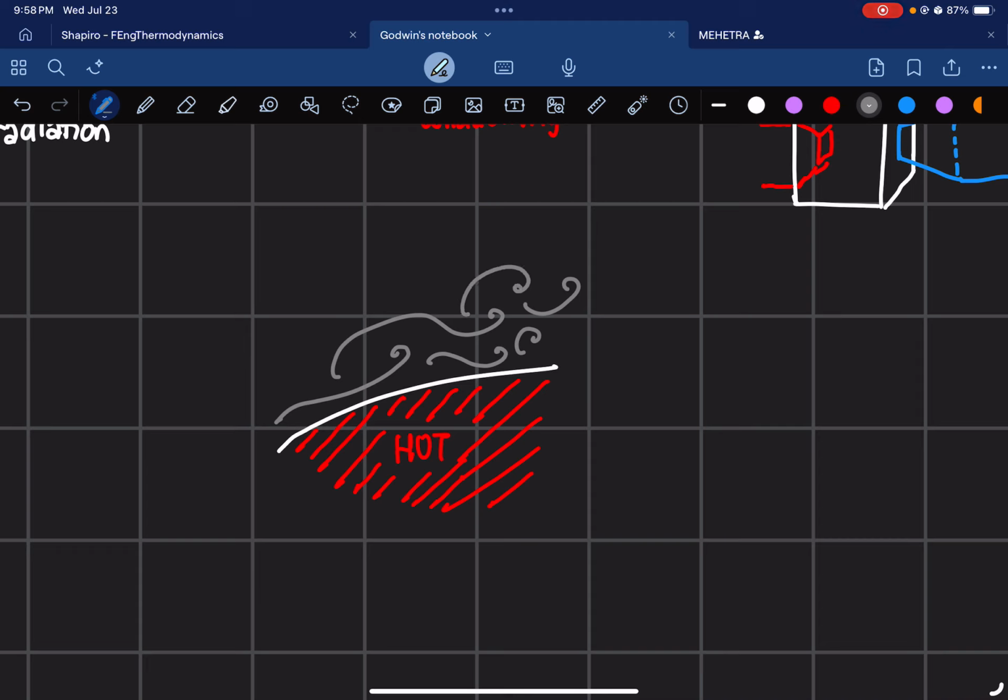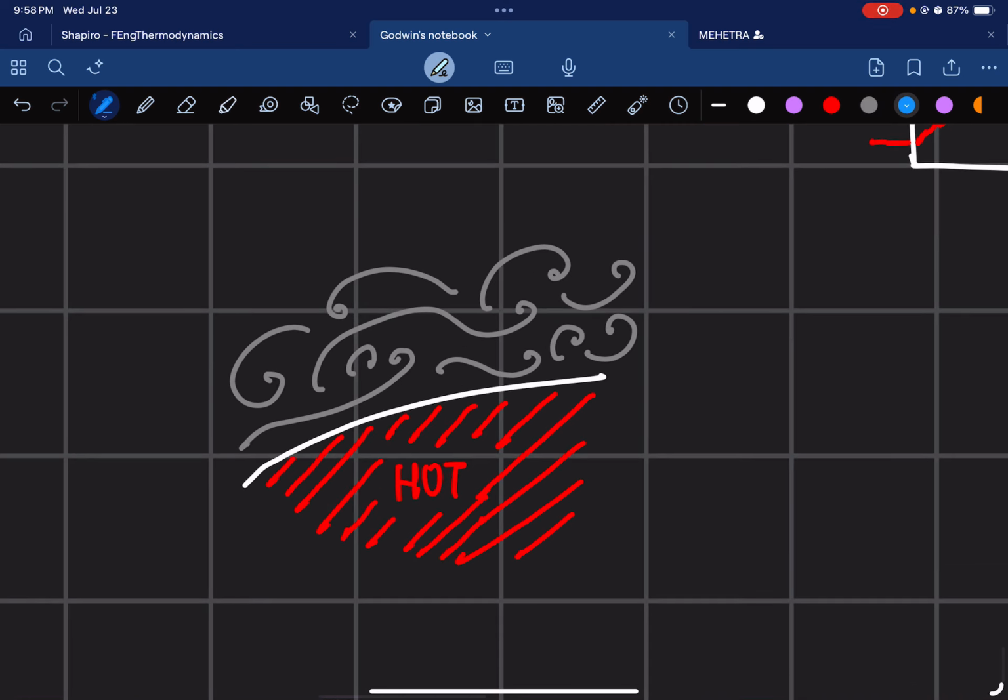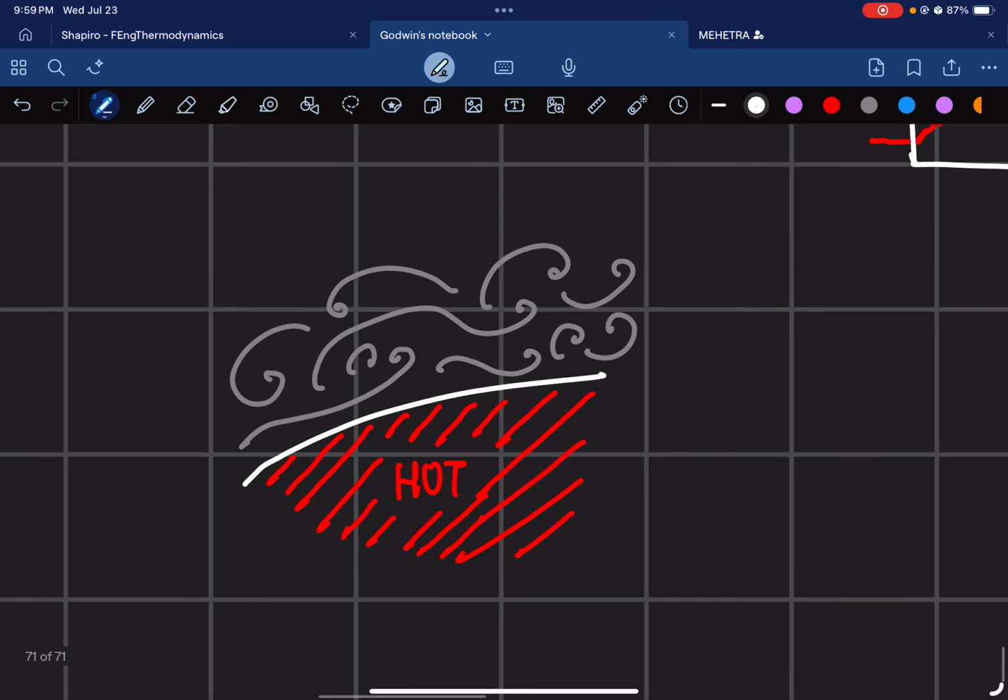Let's say this fluid is going to be a bit colder than the hot plate. And because of the flow of the molecules here, this fluid motion can actually transfer heat away from the hot plate. This is the core of convection.